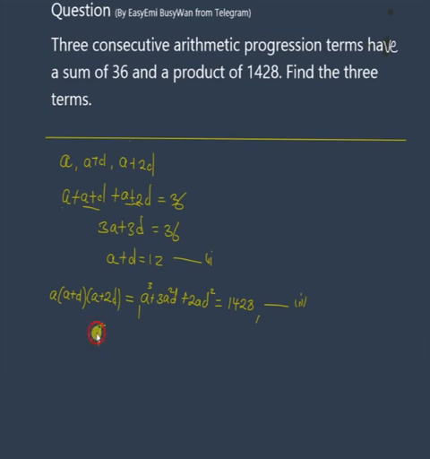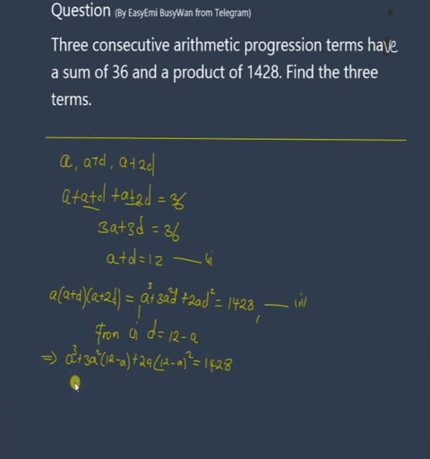So from 1, I'm going to substitute for D. D is equal to 12 minus A, and this implies A cubed plus 3A squared, instead of D I have 12 minus A, then plus 2A, instead of D squared, I have 12 minus A, everything squared, and I equate that to 1428.